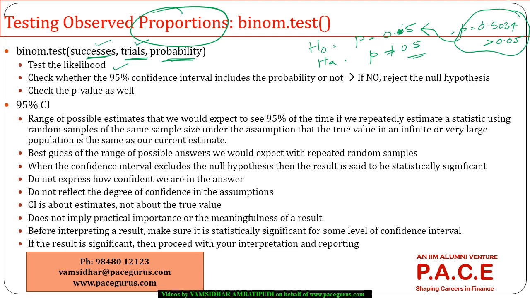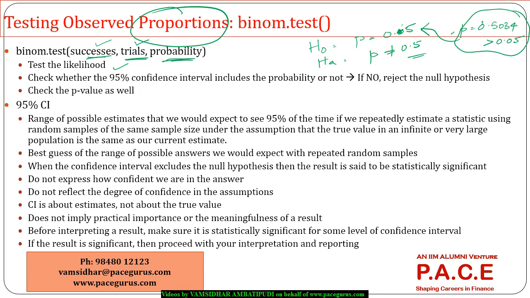Wherever the p-value is less than 0.05, I would reject the null hypothesis and take a decision in favor of the alternate hypothesis. So I check the likelihood of whether this particular number of successes in a particular number of trials can be taken as equal to a probability of success of 50%.